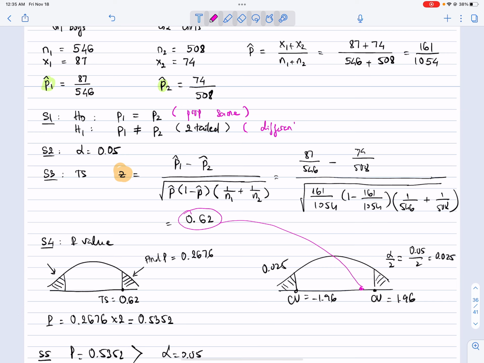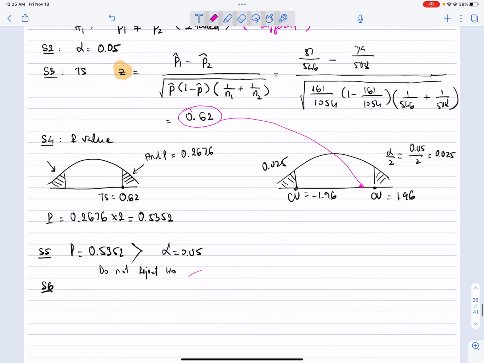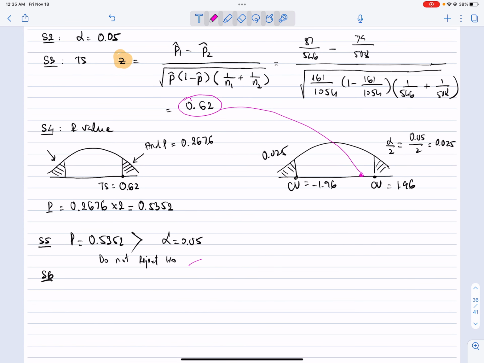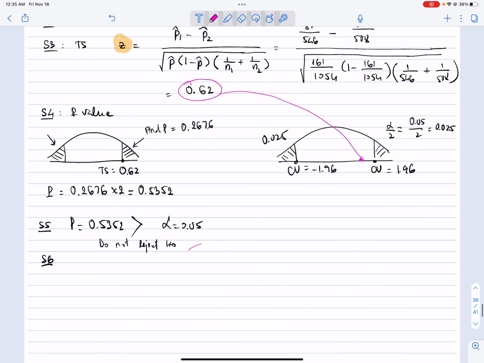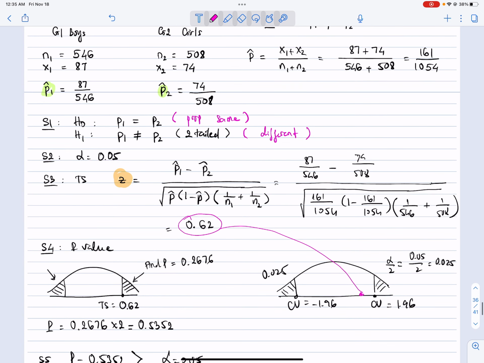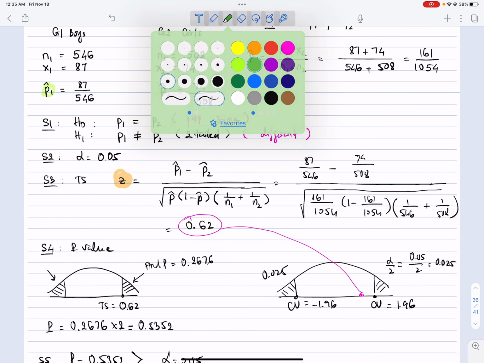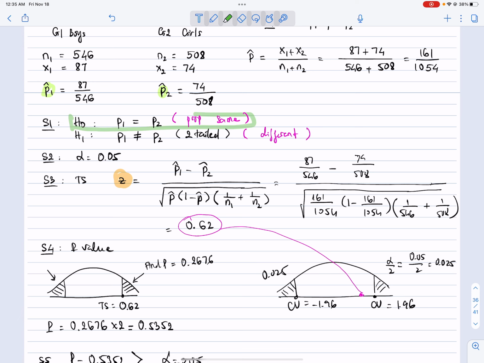Different means maybe boys more or maybe girls more. Okay. So step 5 says do not reject. Do not reject is the same thing as you keep the null. So we keep this. That means that the proportion of the boys and the girls overweight are the same. So it doesn't matter the gender.